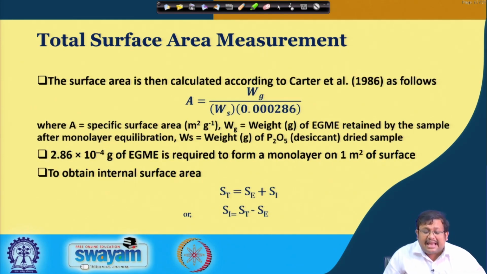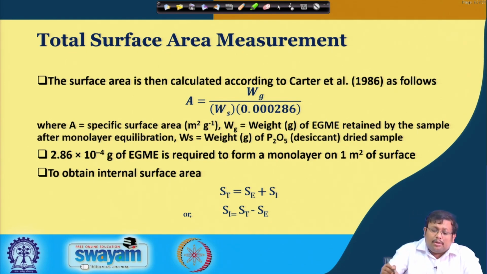Then the surface area is calculated according to this formula given by Carter et al., where A is the specific surface area in square meter per gram. Wg is the weight of the EGME retained by the sample after monolayer equilibrium. Ws is the weight of P2O5 desiccant-dried sample before putting the excess amount of EGME, and we know that 2.86 into 10 to the power minus 4 grams of EGME is required to form a monolayer on 1 square meter of surface.